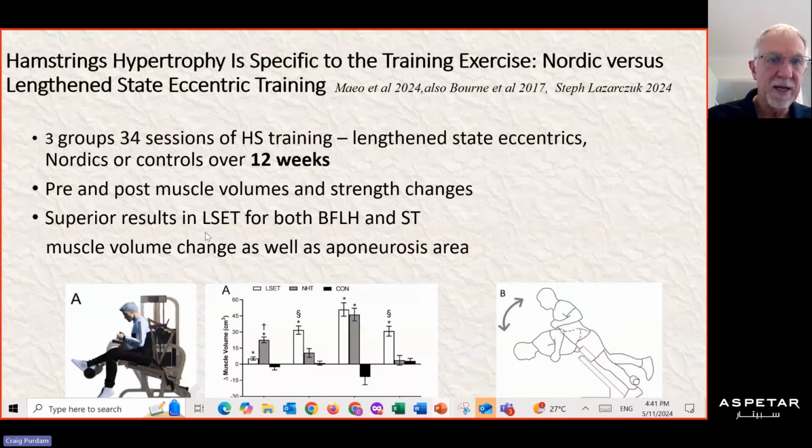And of course they found both an increase in muscle volume as well as aponeurosis area, whereas Steph Lazarczuk in her recent paper with Ryan Timmins and Matt Bourne did a 10-week intervention as opposed to a 12-week intervention here. They found hypertrophy of biceps, but no change in the aponeurosis, which is problematic as it may well load up the aponeurosis more.